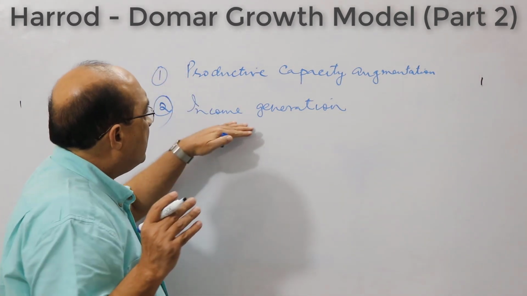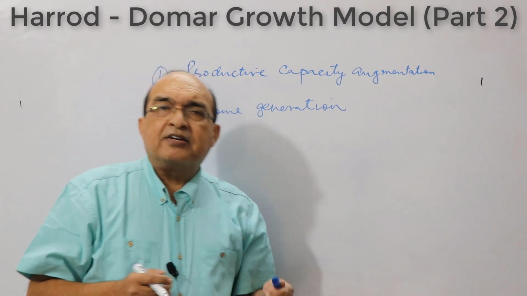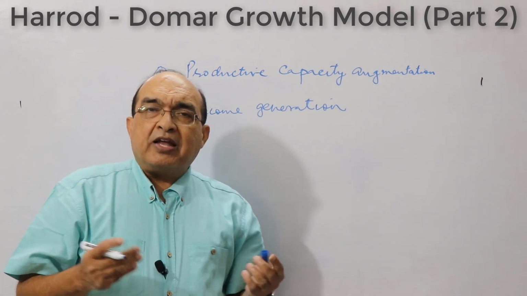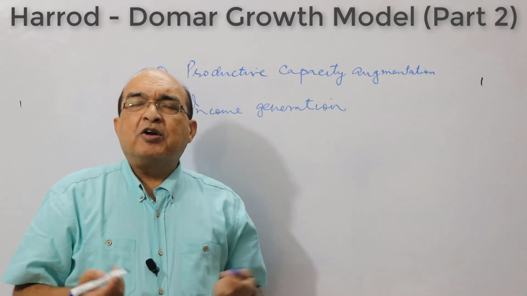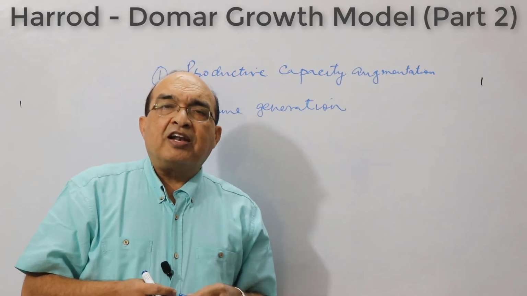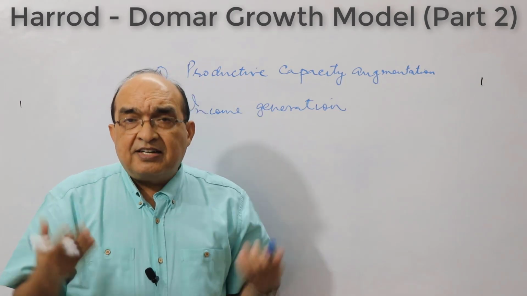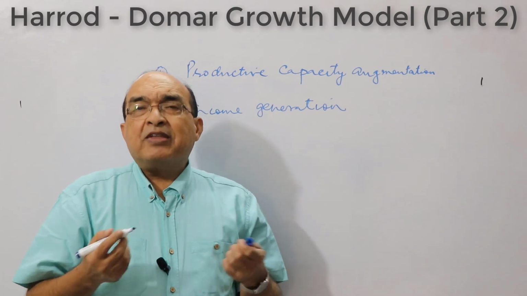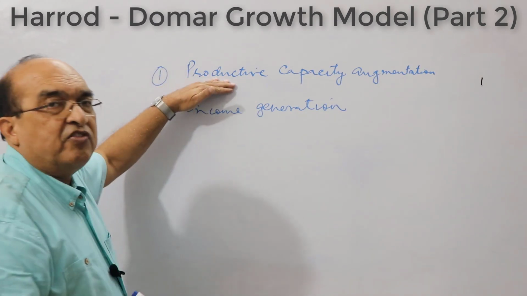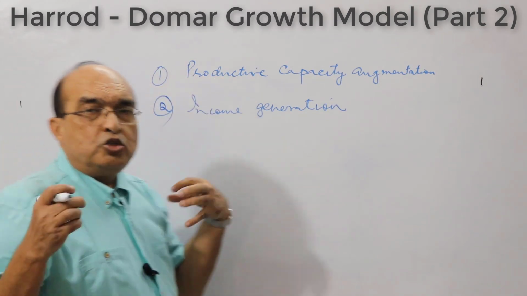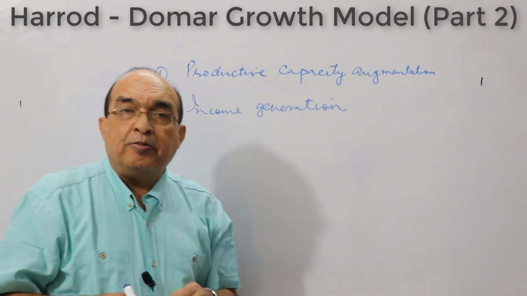So in the short run, Keynes had considered only the income generation aspect, and that is why he emphasized aggregate demand, because aggregate supply is fairly stable in the short run, as its determinants are fairly stable in the short run. But in the long run, you cannot escape from this function also, and you have to see how the equality between the two could be brought about.